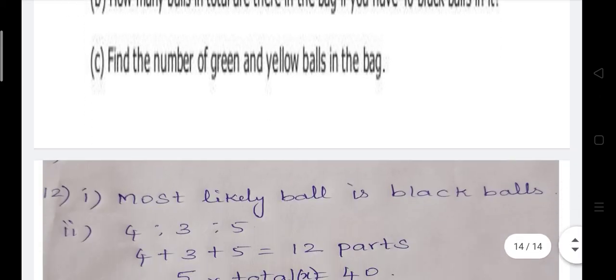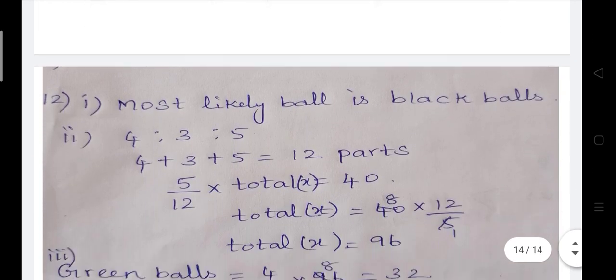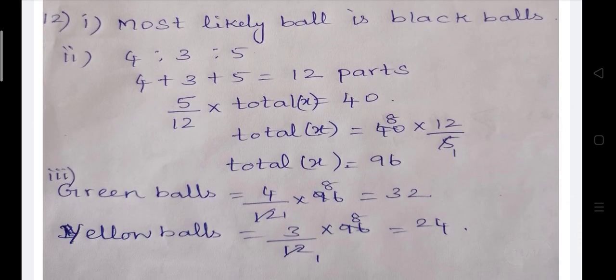How many balls in total are there in the bag if you have 40 black balls in it? 4 plus 3 plus 5, that is 12 parts. Total parts is 12. We know the number of black balls alone, so we are finding the total number of balls.